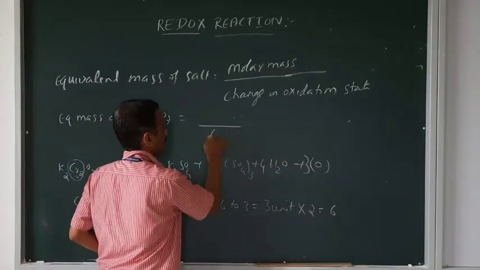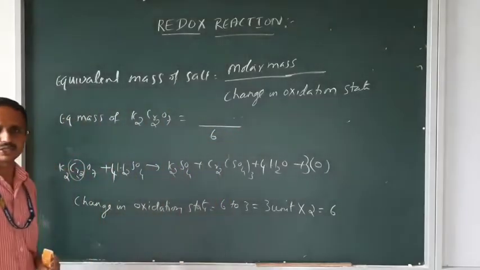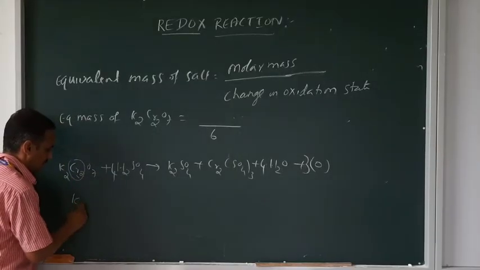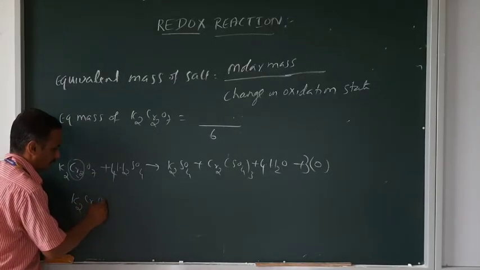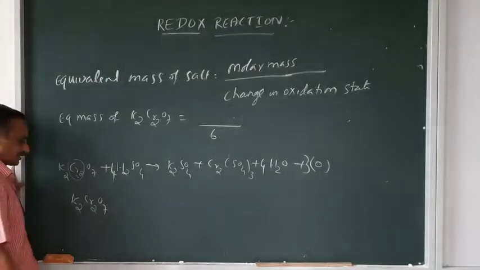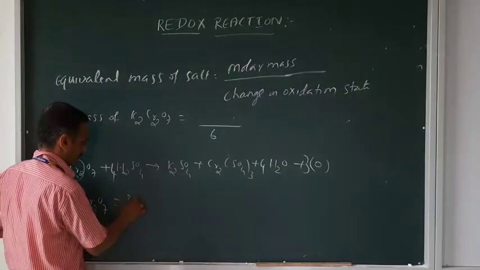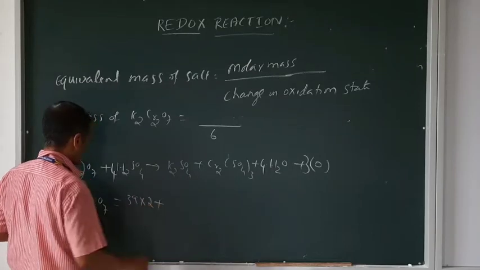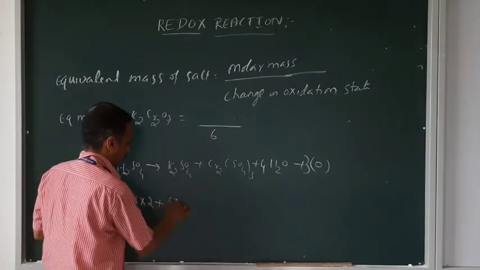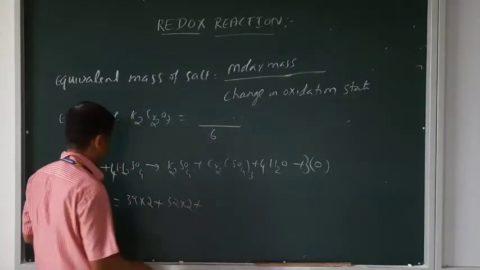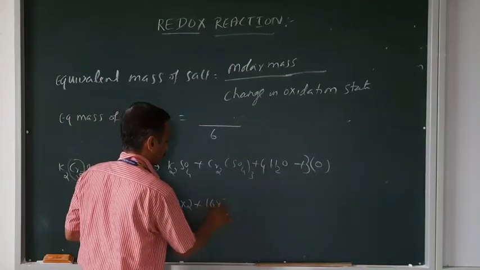So here, in the denominator, what is the equivalent mass of potassium dichromate? To calculate, I should know the molar mass also. Potassium is 39 into 2 plus chromium is 52 into 2 plus oxygen is 16 into 7.